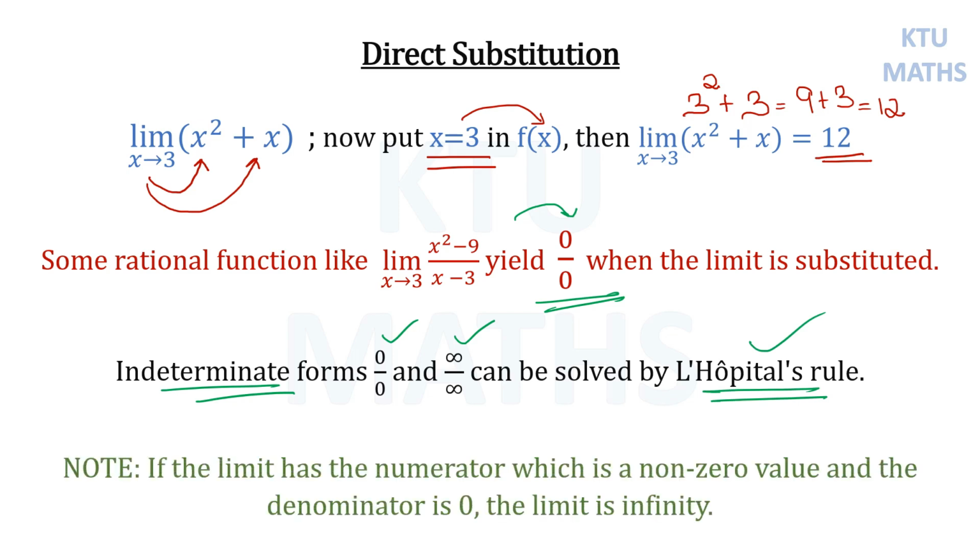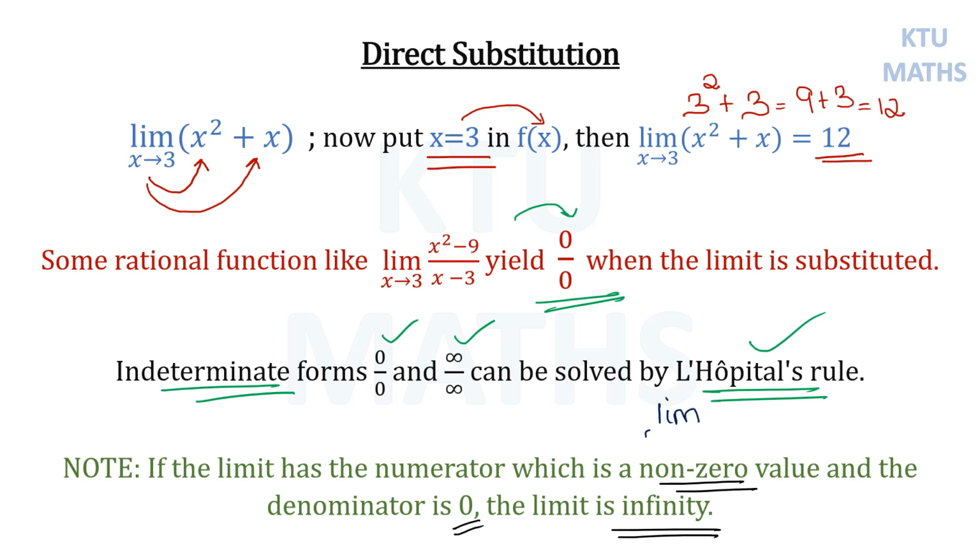But before going into L'Hopital's Rule, we can look at a note. Here it says that when the numerator of a function is a non-zero value and the denominator is 0, the limit will be infinity. Now let us check it.